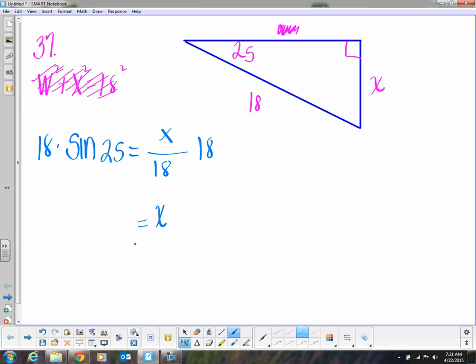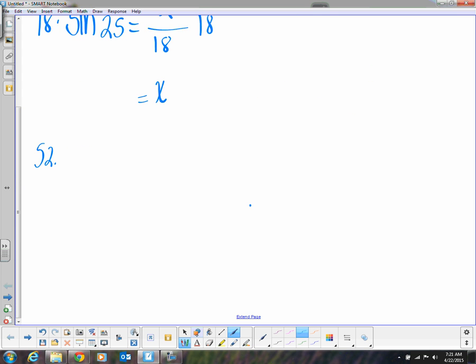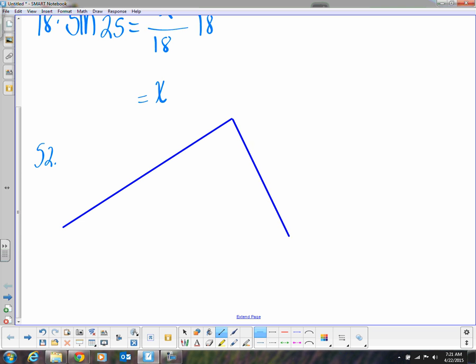Okay, so if you're taking notes for the EOC, let's remember these relationships. What we have, and this wasn't that long ago, we've got a right triangle, and we've got an altitude drawn.